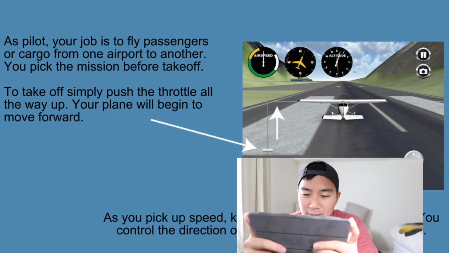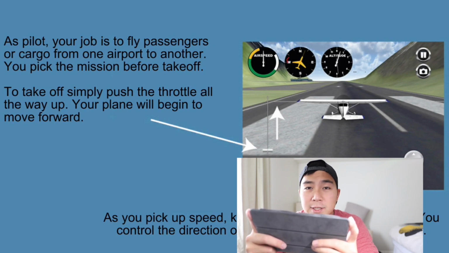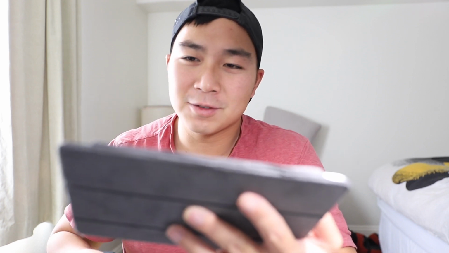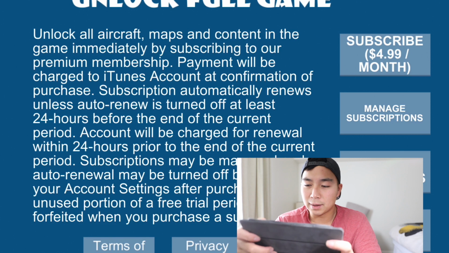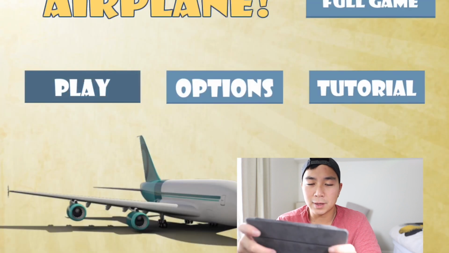As you pick up speed, keep the airplane on the runway. You control direction by moving the joystick. Just to let you guys know, when you fly a real airplane, there's no joystick. There's a yoke, which gives you the pitch and roll, and your rudders are for yaw. Alright, blah blah. Let's start playing. Okay, cancel. Nope, I don't want the full game.